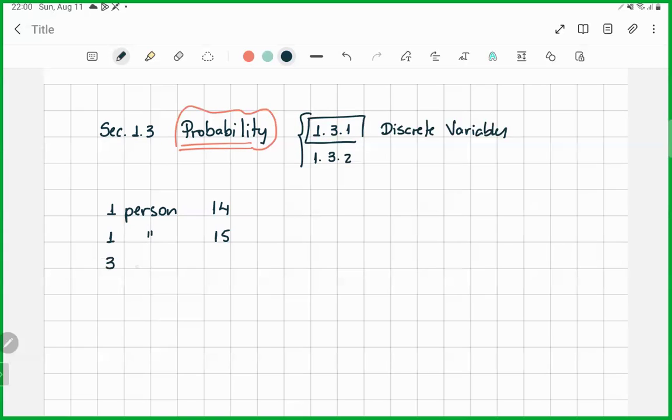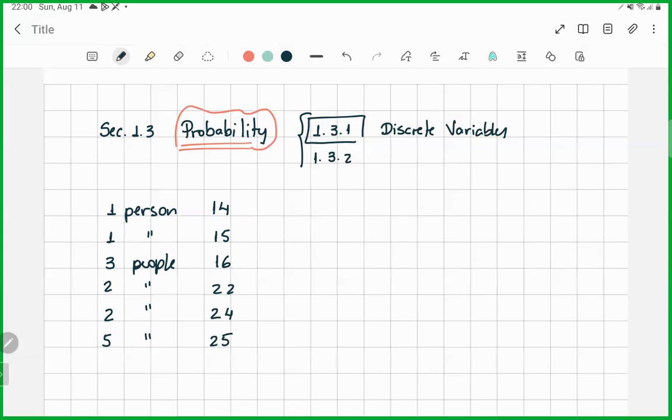Three people are 16. Two are 22. Two other people are 24. And five people are 25.